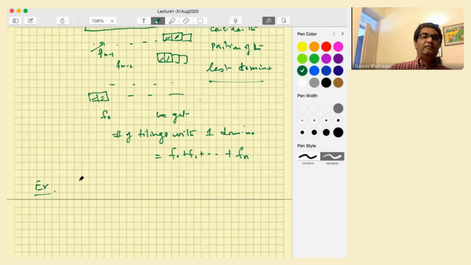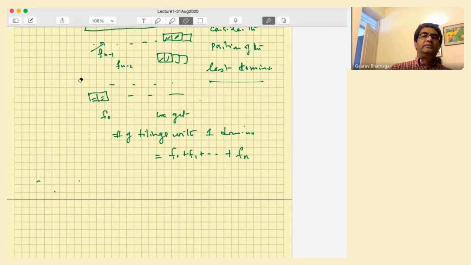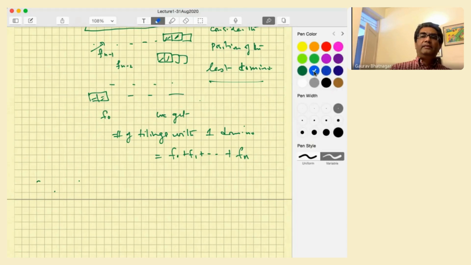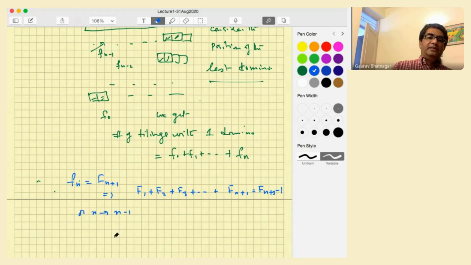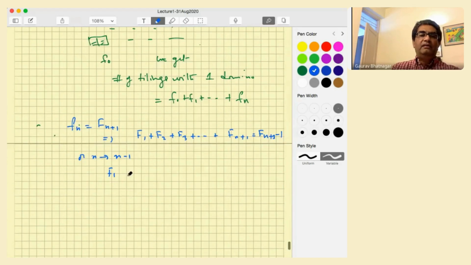Let me just say that. Since the identity holds for Fn, this implies that F1 plus F2 plus F3 plus so on up till Fn plus 1 is equal to Fn plus 3 minus 1, or replacing n by n minus 1, we get F1 plus F2 plus up to Fn is equal to Fn plus 2 minus 1.